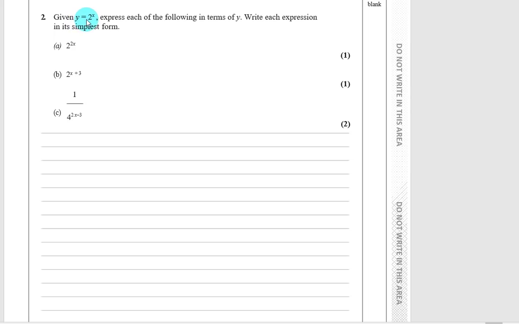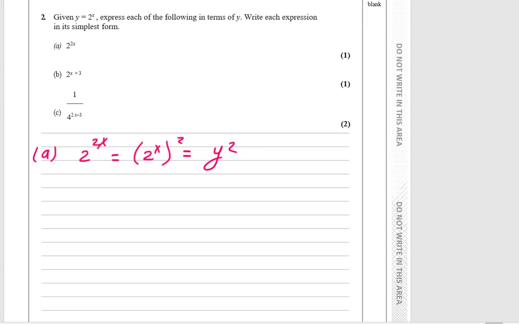Given y is equal to 2 power x, express each of the following in terms of y, writing each expression in the simplest form. a, 2 power 2x, so 2 power 2x is equal to (2 power x) power 2, so it's equal to y squared.